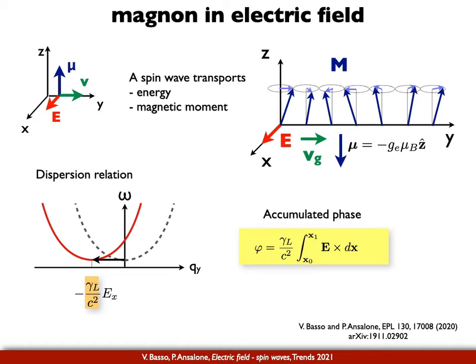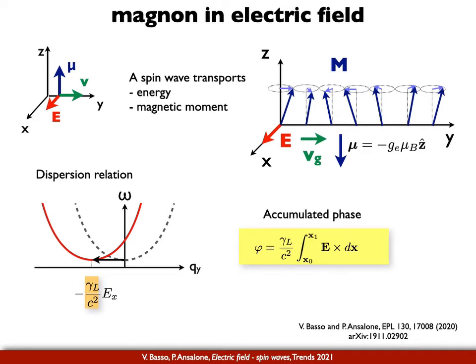Take a magnetic material with a magnetization mainly pointing along the z direction. Take the small oscillations of the magnetization, the spin waves. Take an electric field, and consider the propagation as written there: the spin waves propagate along y, the electric field is along x, and then make the quantization.